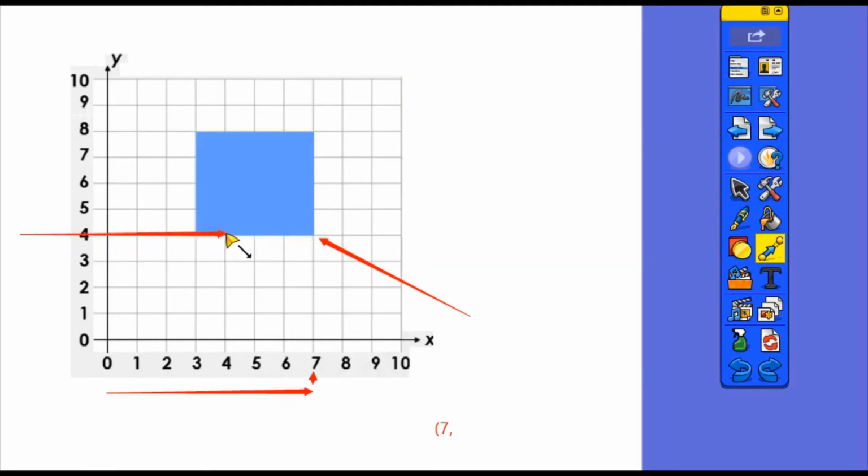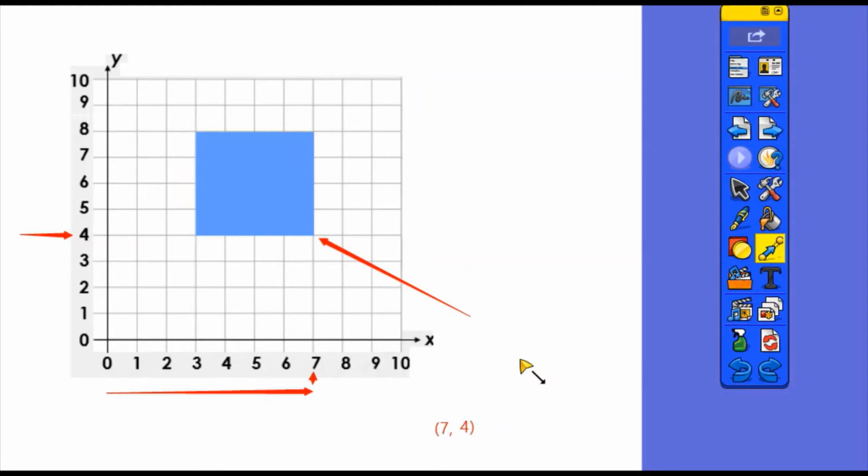So I have got 4 in my y-axis. So I can add that to my coordinate. So we've got 4. And don't forget to finish off with the brackets. So there is my coordinates for that first corner or that first vertex that we have pointed out.